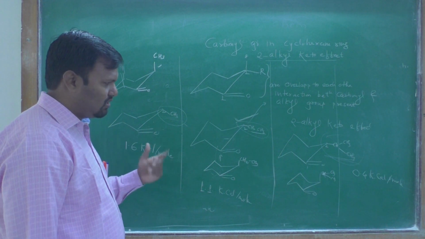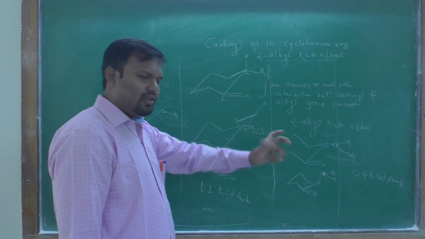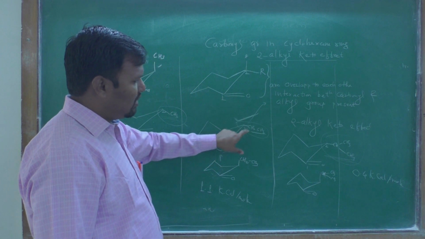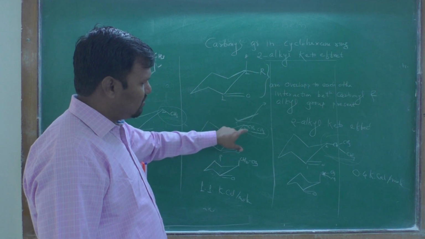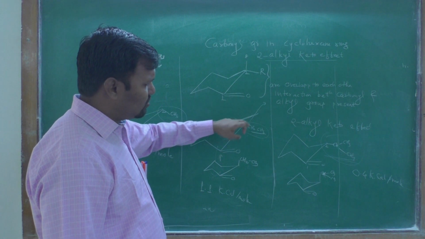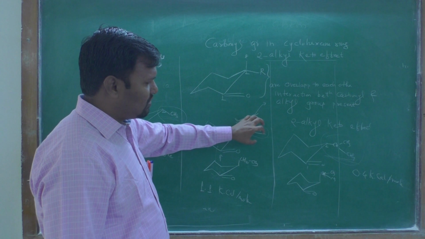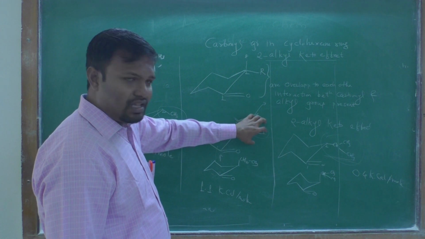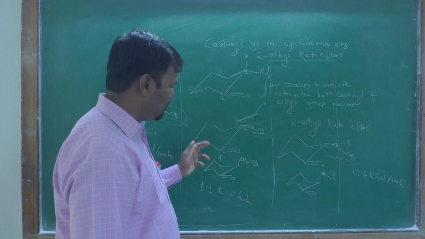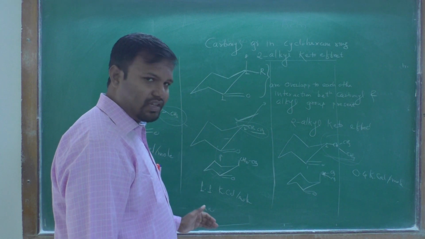It means when you increase the bulk at the equatorial position, then the 2-alkyl keto effect increases. The interaction in these two groups increases because a large group is there, and due to the interaction the energy increases. Therefore, the difference between these two decreases.